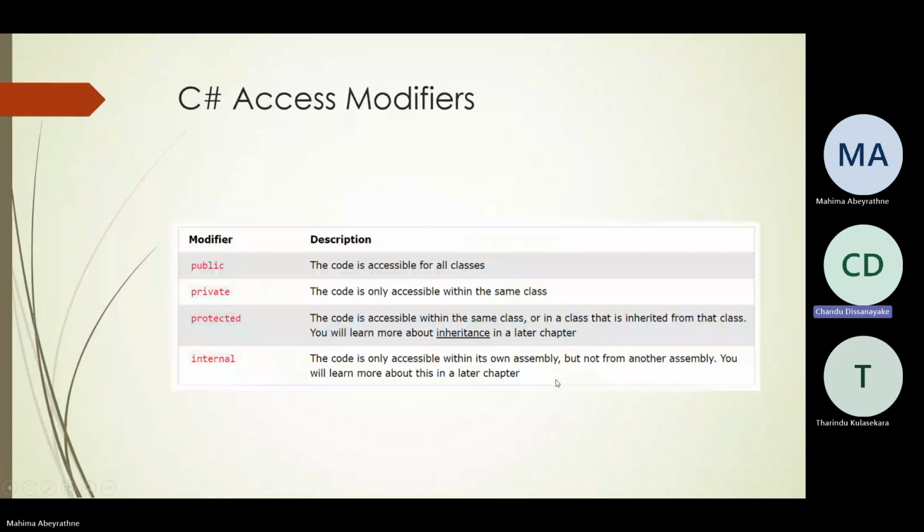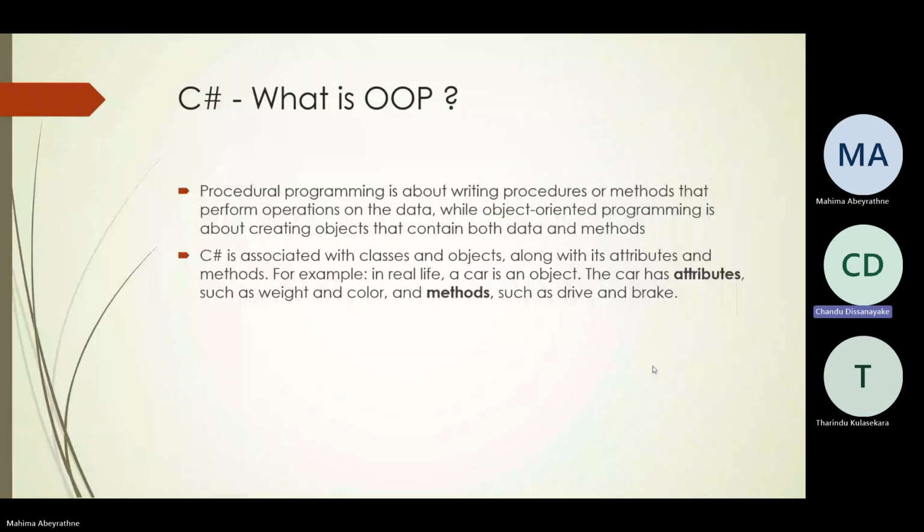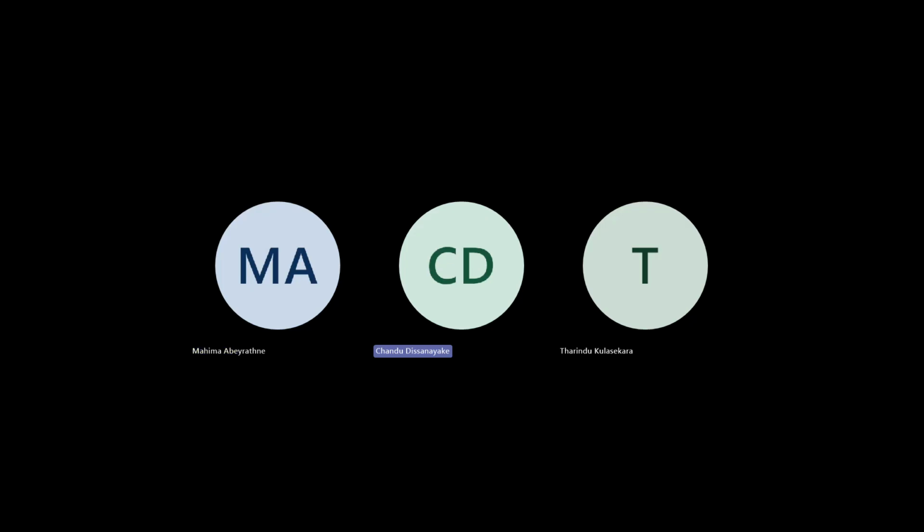Excuse me, Mahima. As an example, we take a car. Car is a class, and the objects of the class are examples of car like BMW, Audi, Benz, right? Okay, thank you, Mahima.